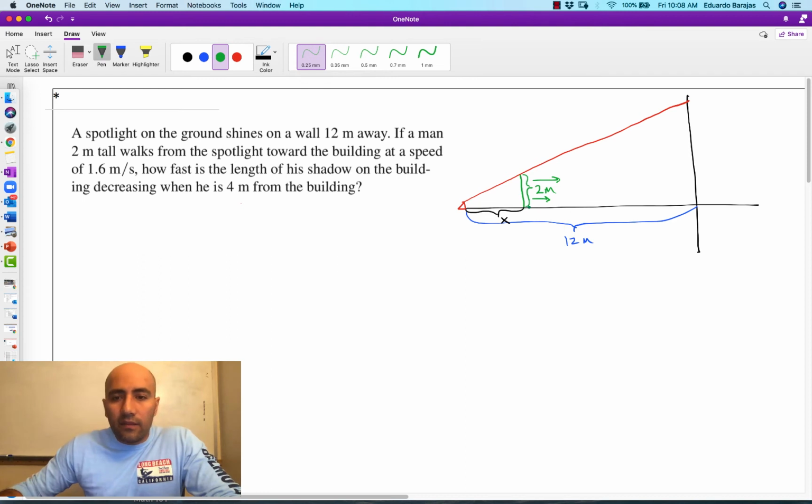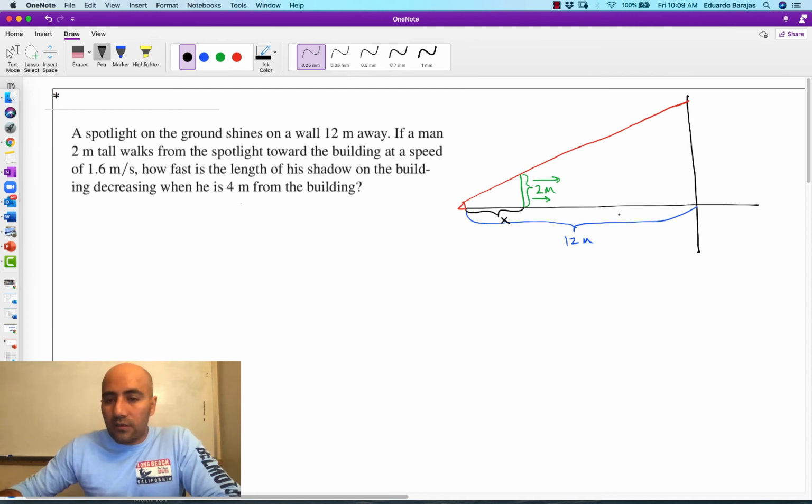And then the distance between the man and the wall, we could label it some other variable, a or b or something like that. But whenever you can minimize the number of variables, you want to take advantage of that. Use as few variables as you can, right? Just the bare minimum of what you need. Otherwise, you just have an unwanted number of variables that just makes things unnecessarily complicated.